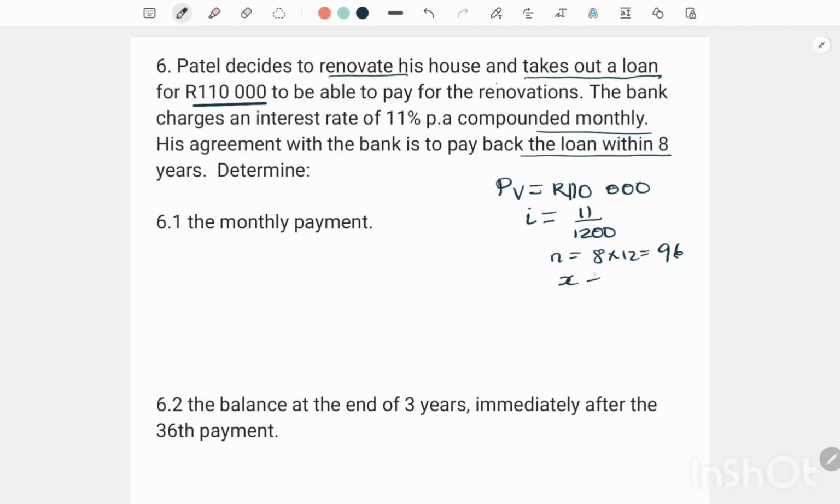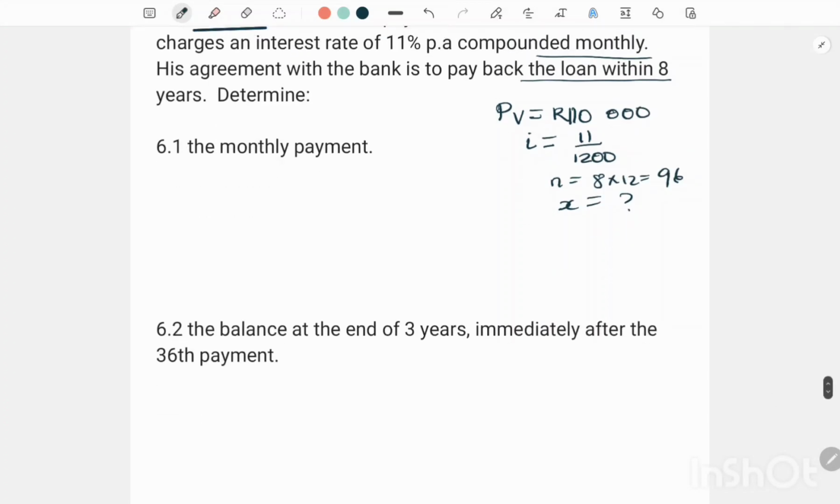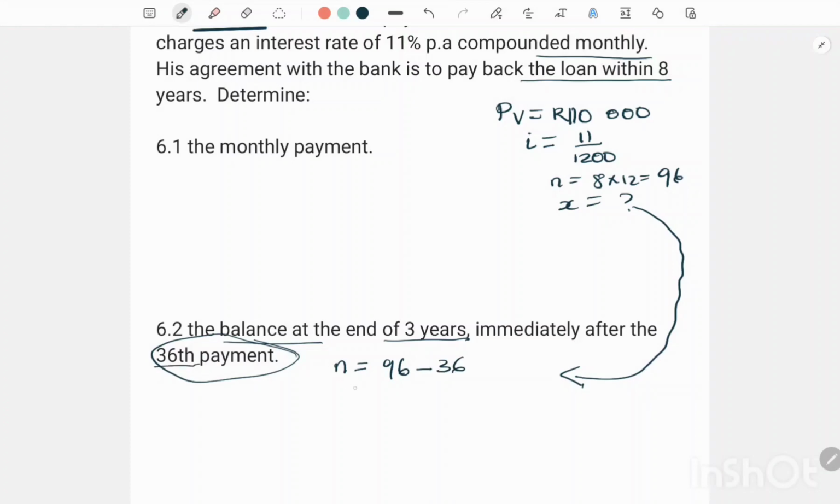And then you have to calculate X. Then when you are done getting X, you're going to use that X for the outstanding balance. Remember the balance at the end of 3 years, they want to know the remaining period. So you're going to find N first. How many payments were there? 96 minus 36.